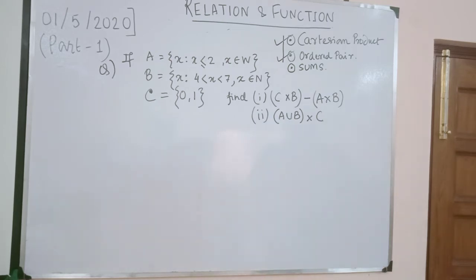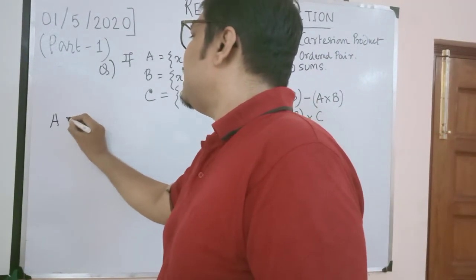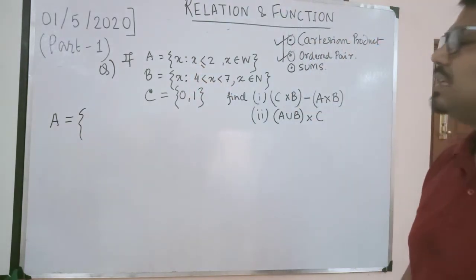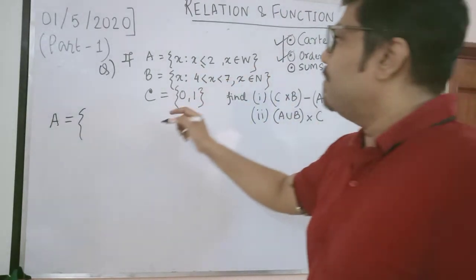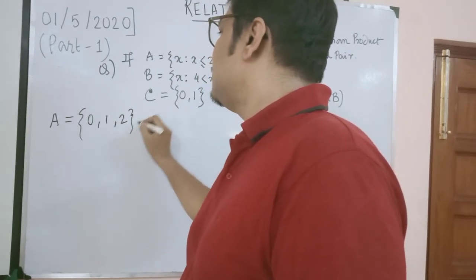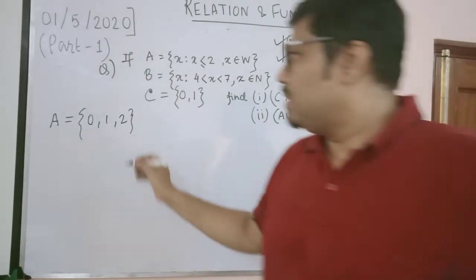We will try to find them. Before finding, we have to write out the sets. What is A? A is given as less than or equal to 2 and a whole number, so automatically it will start from 0. So 0, 1, 2. Less than or equal to 2 means it's up to 2.